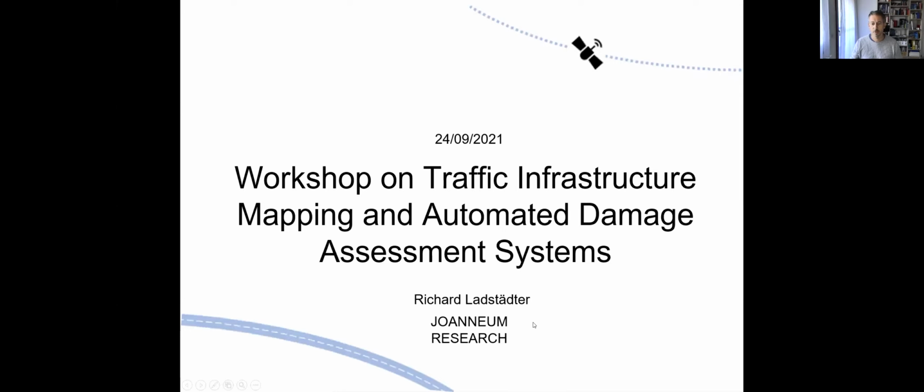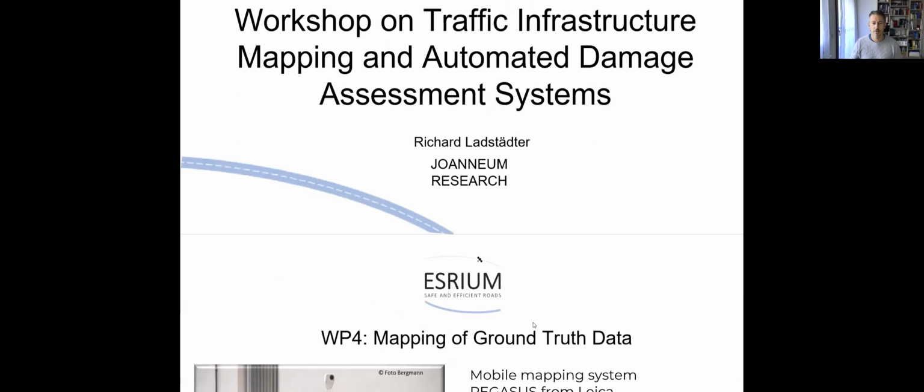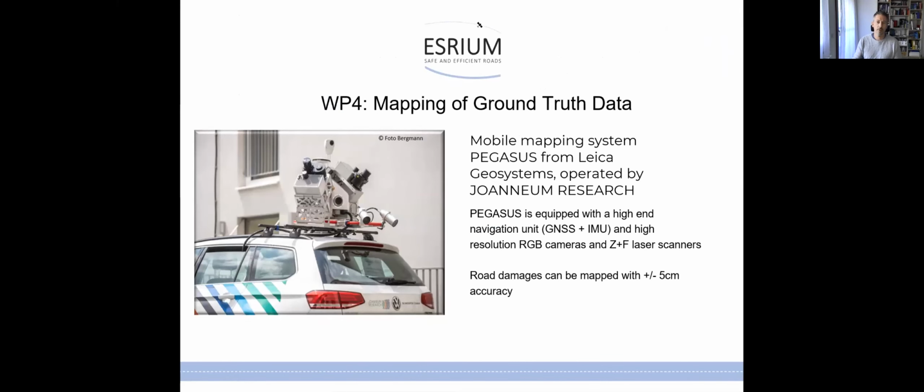I will start this talk about sensor systems we use in the Esrium project. Actually, you can see this mobile mapping system we operate here at UNM Research in this picture. This is a survey-grade instrument we use in various projects here.